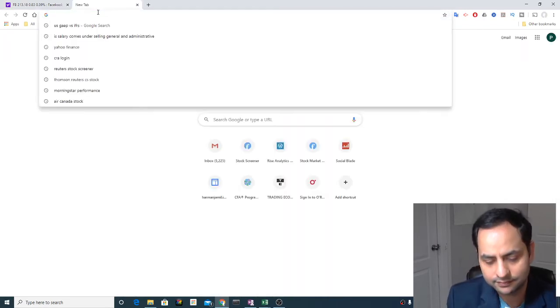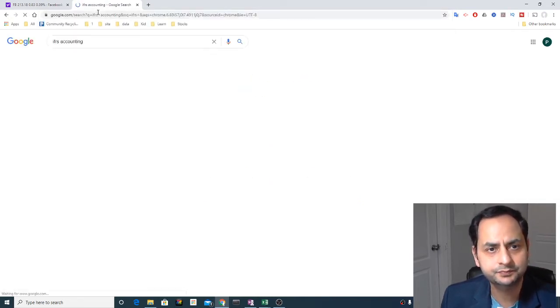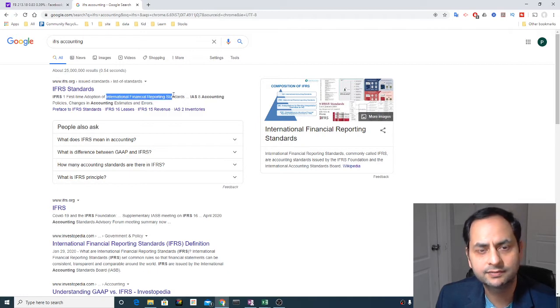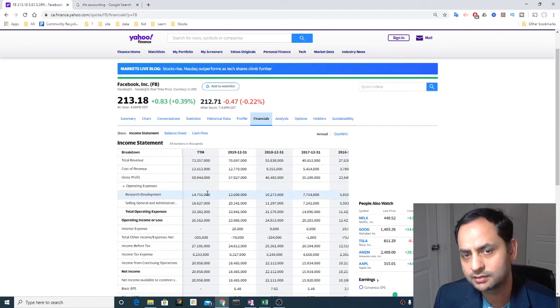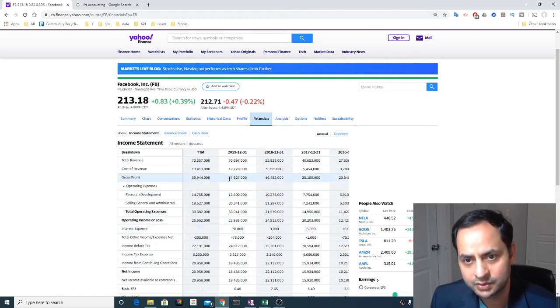So let's Google IFRS accounting standard. This is the International Financial Reporting Standards. If you are not sure, just Google it. The reason I'm showing this is that right now I'm not doing any comparison, but if you try to compare two non-US companies, how they come up with these numbers may be different, because how they do revenue recognition and fill in other numbers may differ under different accounting standards.